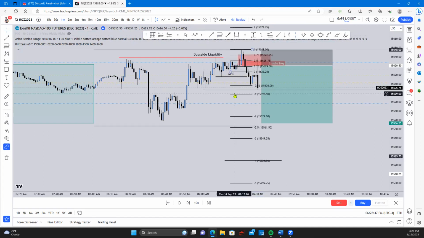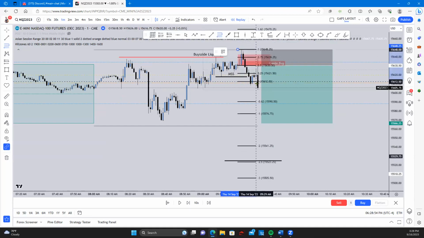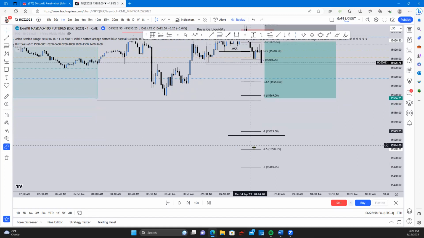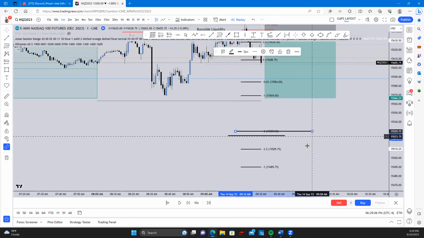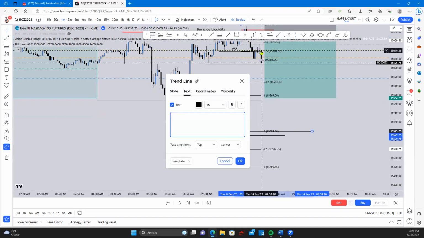But I like to use the displacement and the market structure shift, and then I like to use the 2 to 2.5 area, which still lines up similarly with that 4. Okay, so just a couple ways you can use the standard deviation.